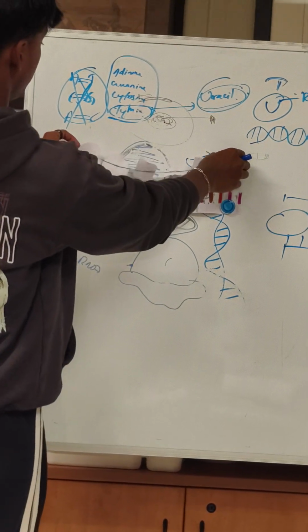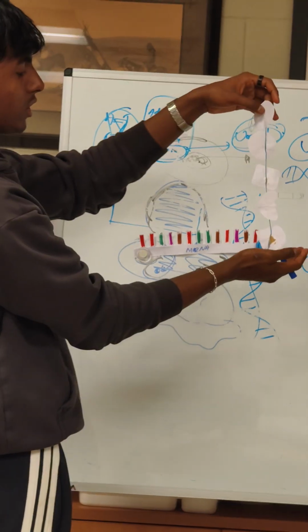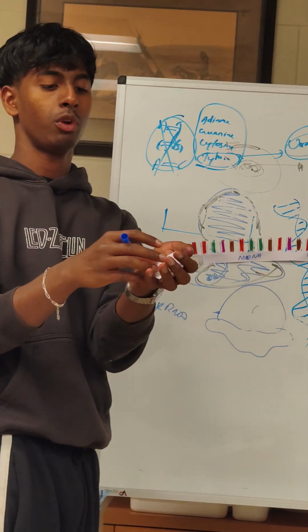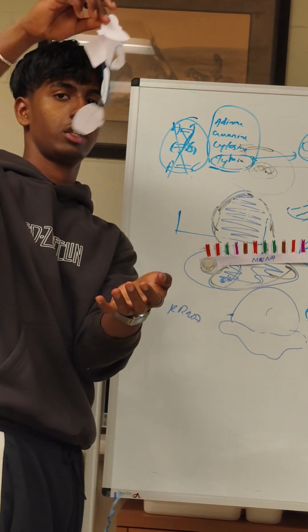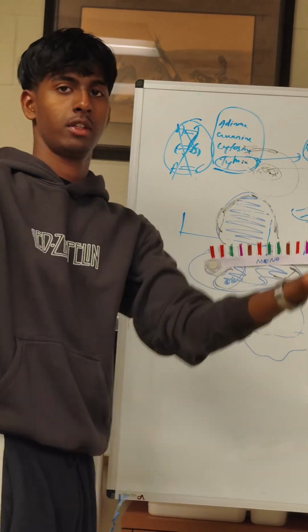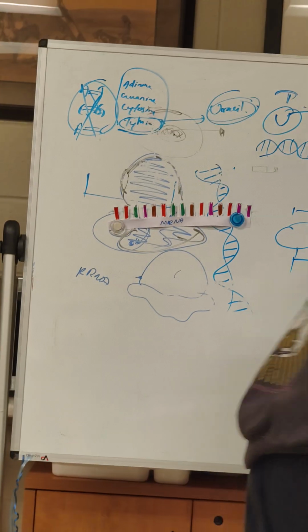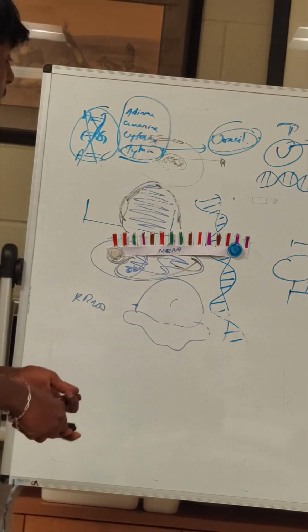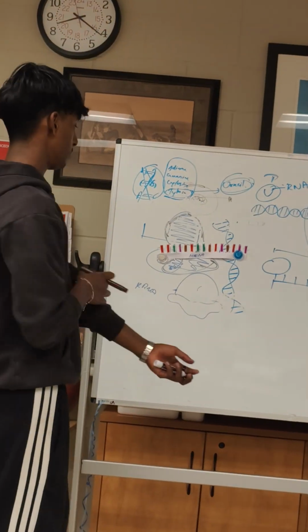This is like the peptide chain, and then it just folds in, combines to form a protein. So this is the protein that I have in my hand, and that will be the transcription.